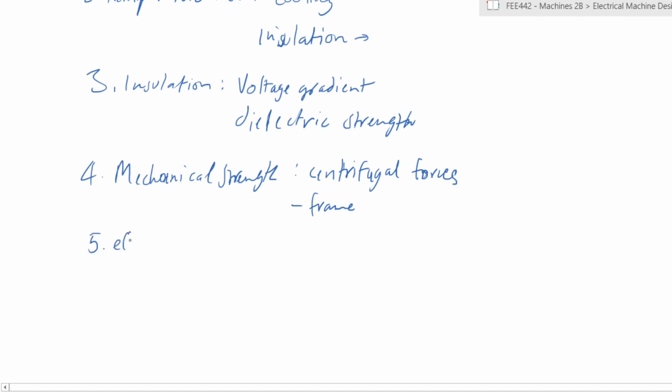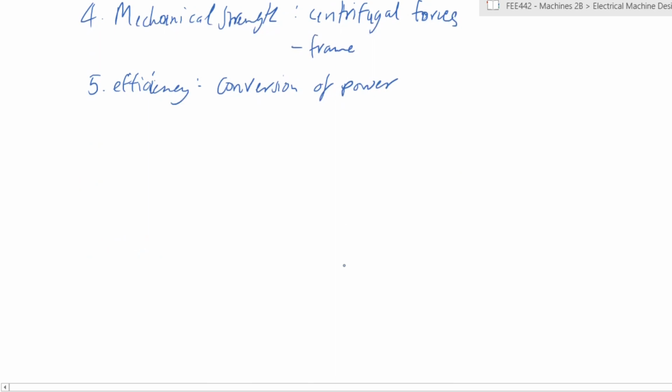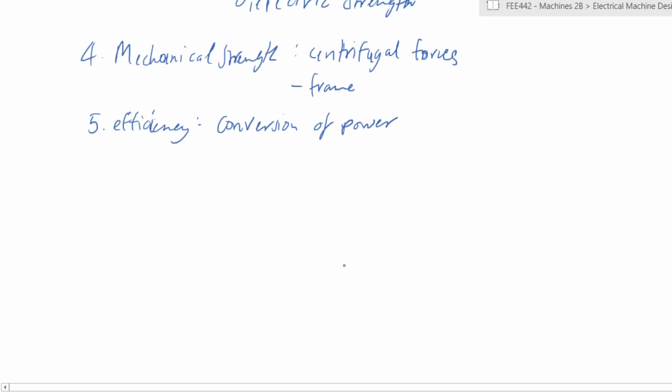Number 5 is efficiency. This takes into consideration the conversion of power or energy. To what extent are you able to convert power from mechanical to electrical or electrical to mechanical in an efficient manner?